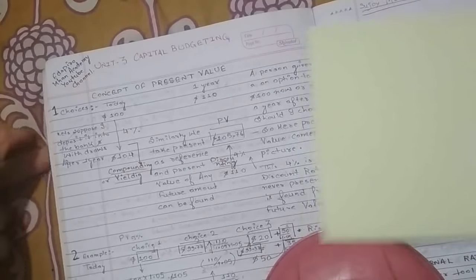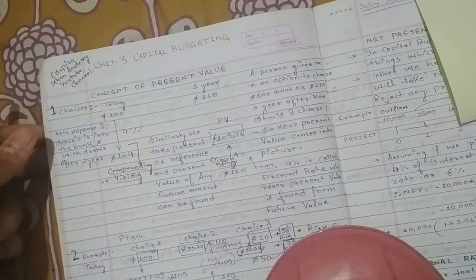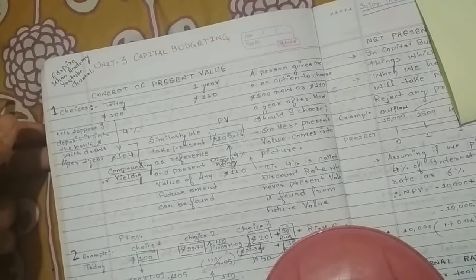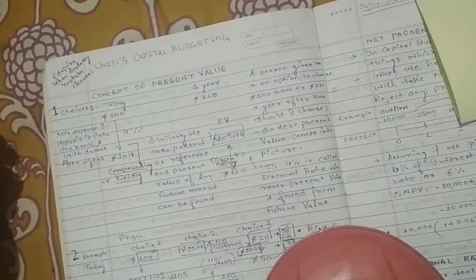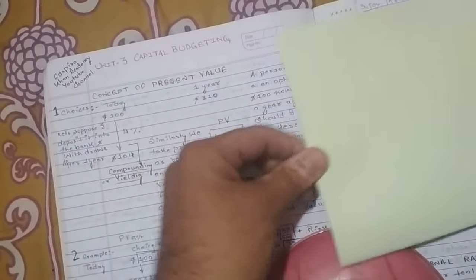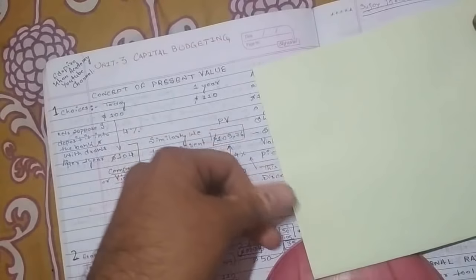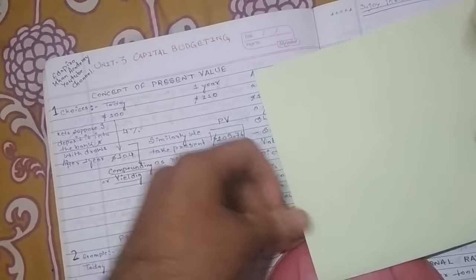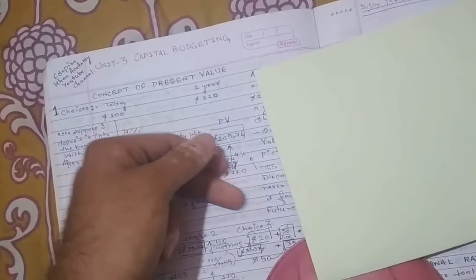Now we will see the first introduction. I already told you what capital budgeting is all about, and one thing: the JAIIB syllabus is very fantastic, because what you read in the first chapter has applications in the next chapters consequently.